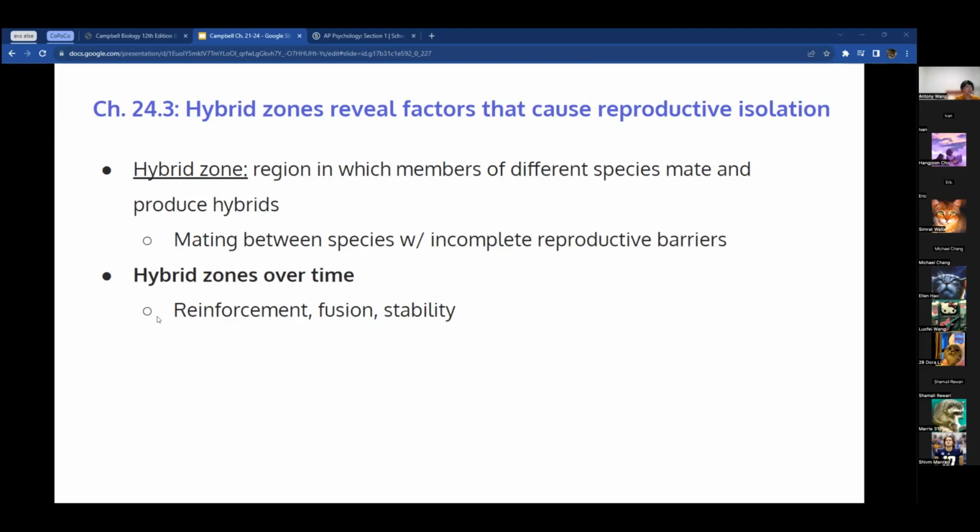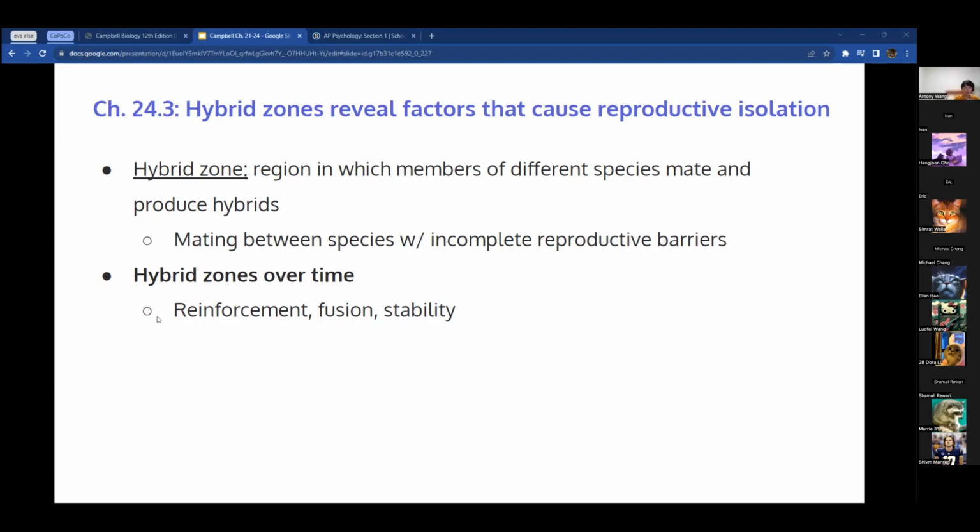Basically, there can be no gene flow between the two populations, and as a result, over time the populations just naturally drift apart.